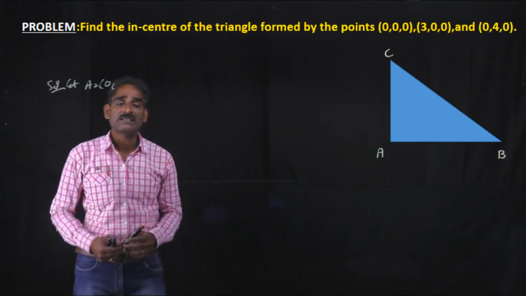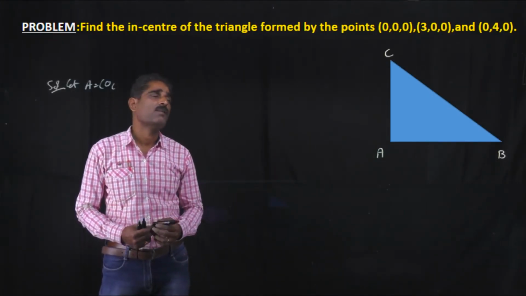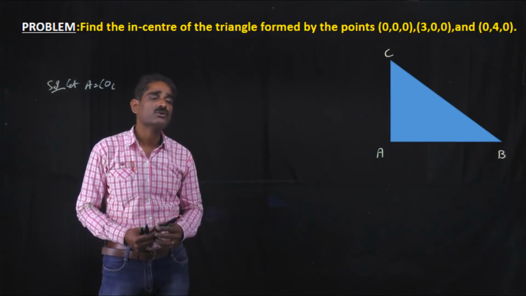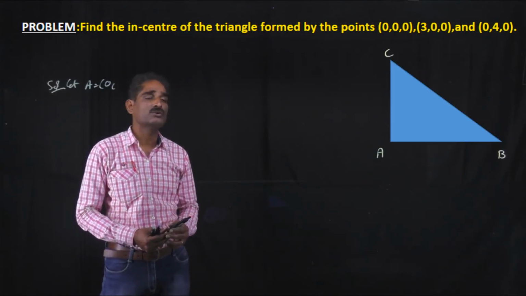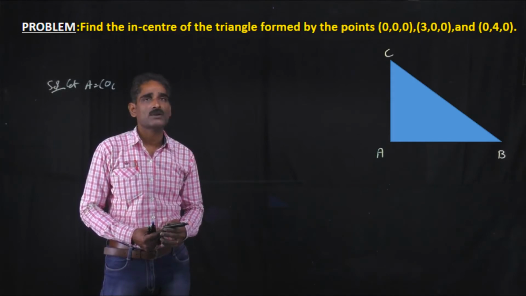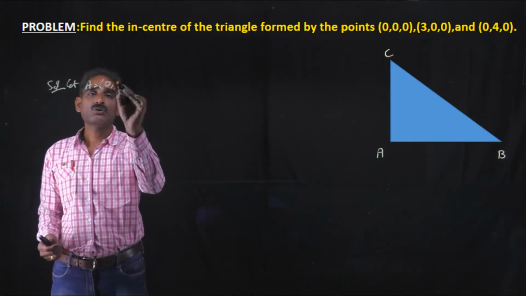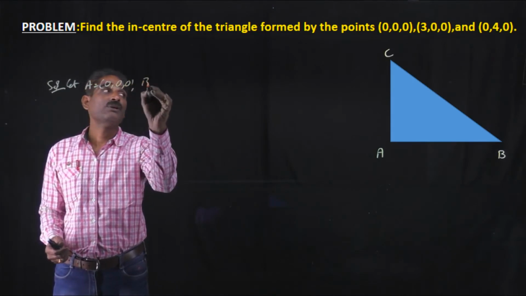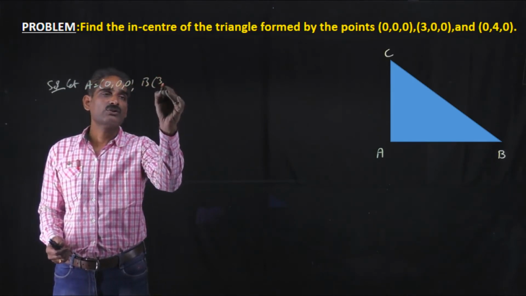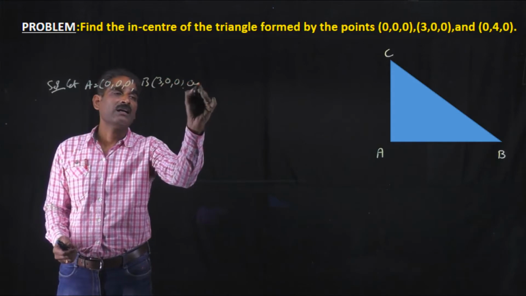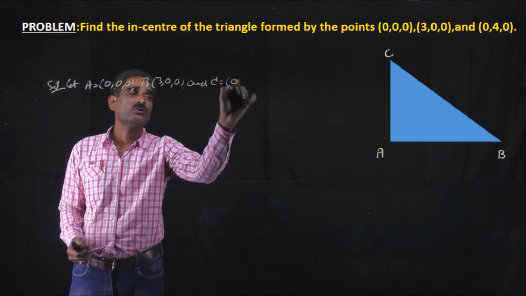Find the incenter of the triangle formed by the points 0, 0, 0, 3, 0, 0, and 0, 4, 0. So let us take A 0, 0, 0, B 3, 0, 0, and C equal to 0, 4, 0.